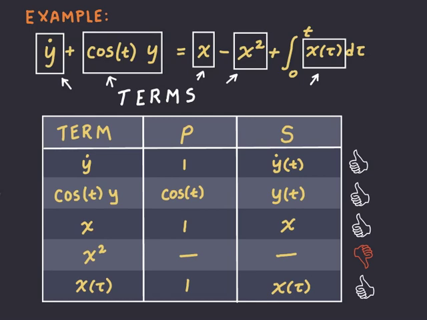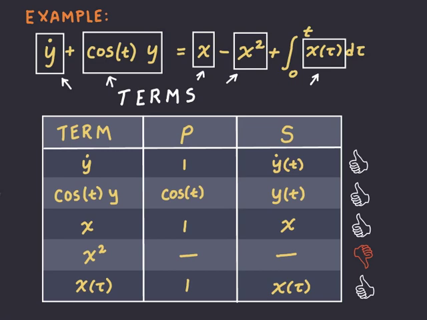So here's the example that we considered in step 3. We identified the terms of this differential equation as y dot, cosine t y, x, x squared, and x of tau. Let's look at each one of these terms and see if we can write it as p times s. Y dot certainly can be written as p times s, where p is equal to 1 and s is y dot.